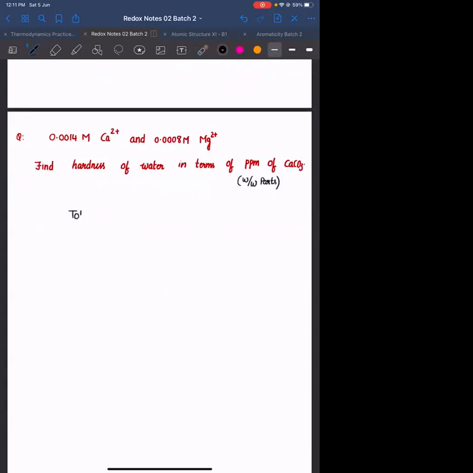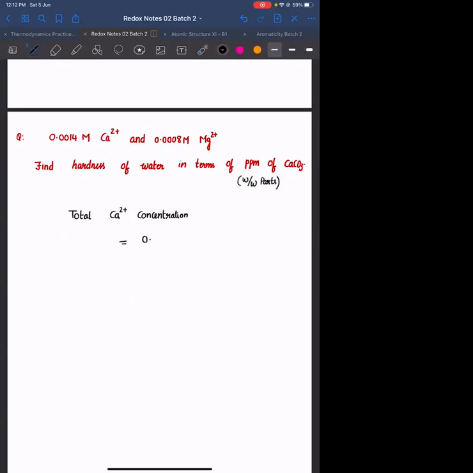What is the total Ca2+ concentration? I am also taking the 0.0008 molar Mg2+. I'm converting that into equivalent amount of Ca2+, which is also equal to 0.0008 molar Ca2+. Agreed?